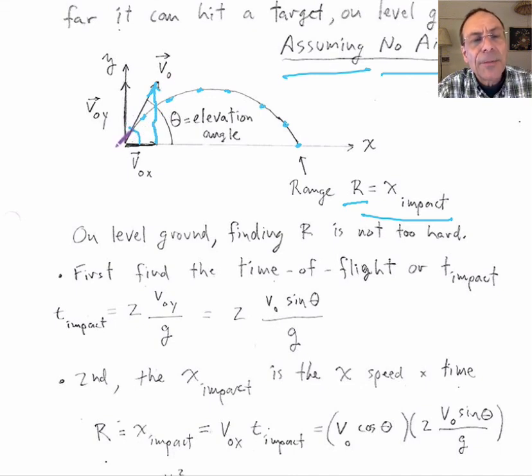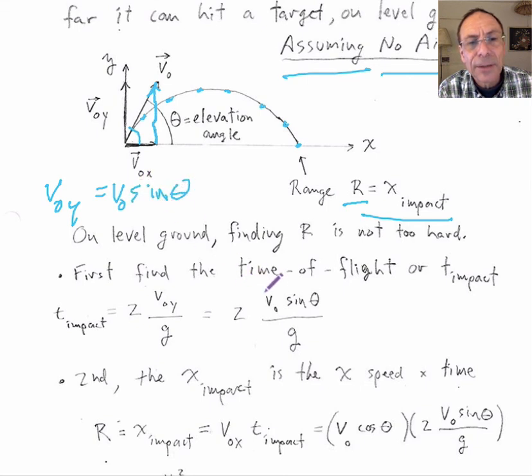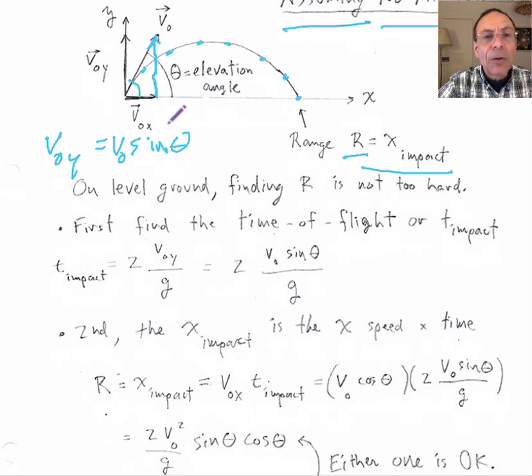So the sine, being the opposite over the hypotenuse, is v0y divided by v0, and so we have that v0y is equal to v0 sine of theta. Okay, so that's what we're using right here. Okay, so we have T impact equals 2 v0 sine theta over g.